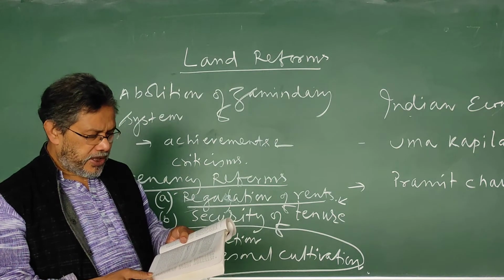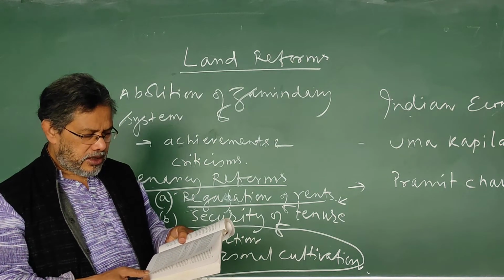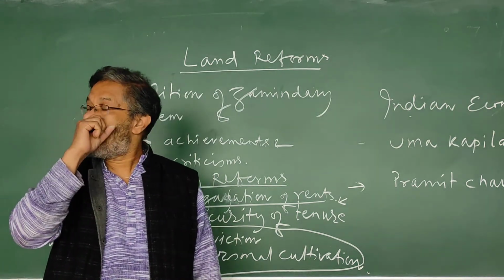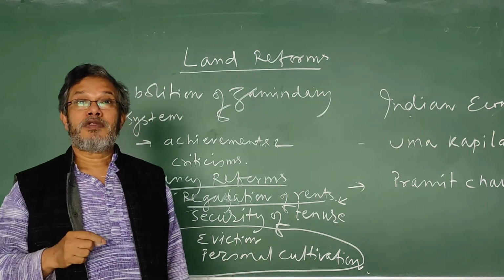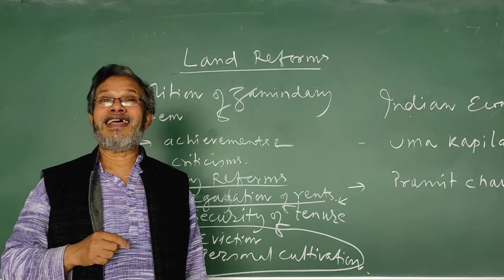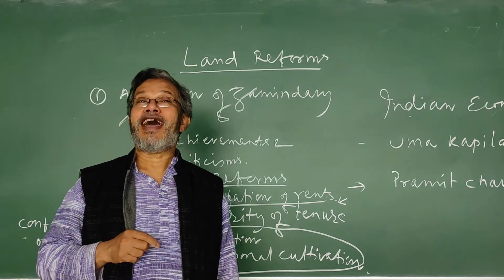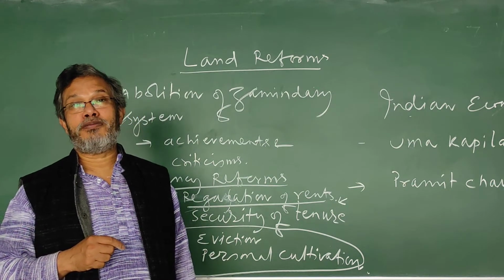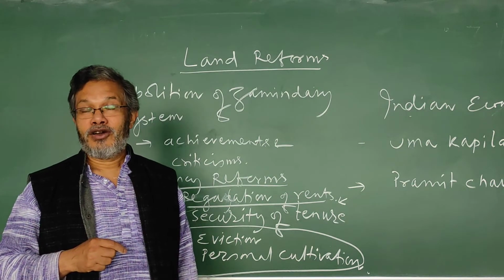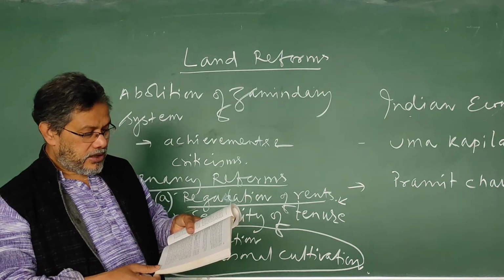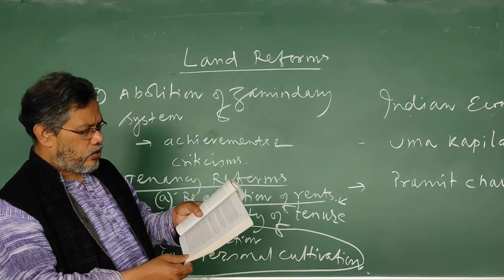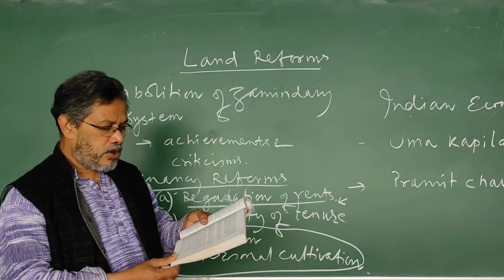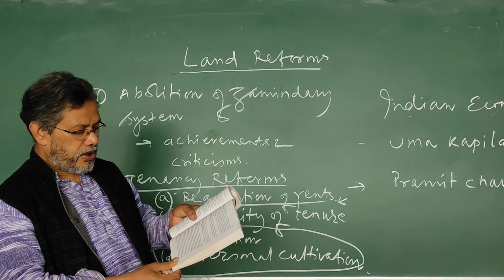In Jammu and Kashmir, rent was fixed depending on how much land the tenants held: less than 12.5 acres, and those who hold more than 12.5 acres.